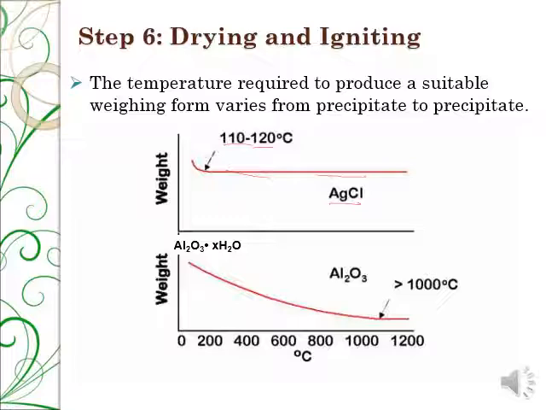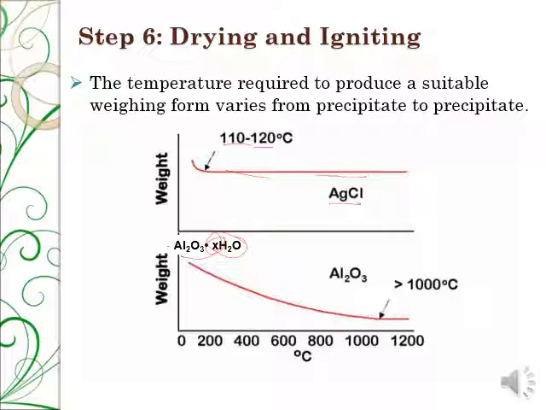However, for aluminum trioxide, with the presence of water, it can be monohydrate, dihydrate, pentahydrate, and so on, depending on the x value. This one cannot be dried to a constant weight, therefore it has to be ignited to a very high temperature so that it will convert to a more measurable form.